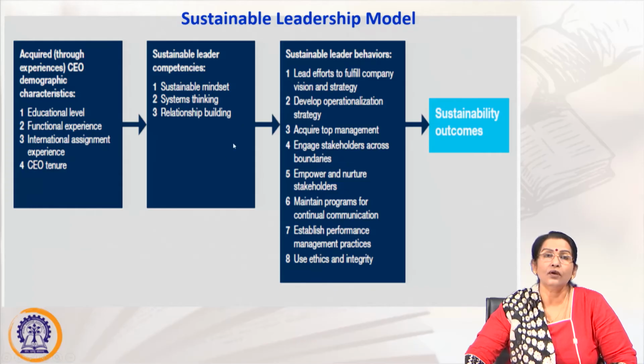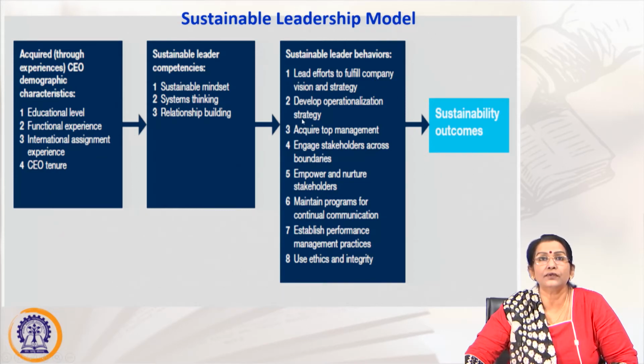Then how all these things get reflected through his behavior and activity, that is mode of operation, like leading and putting effort towards fulfilling the company's vision, mission, strategy and goals, then developing a sustainable operationalization of strategies, engaging stakeholders across boundaries, employee engagement, empowering the stakeholders, and relationship with the stakeholders.